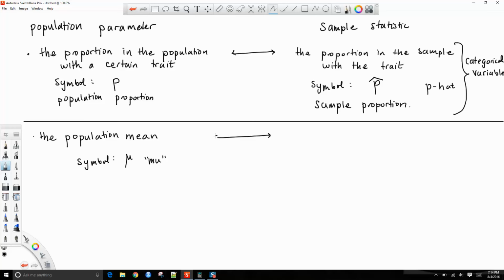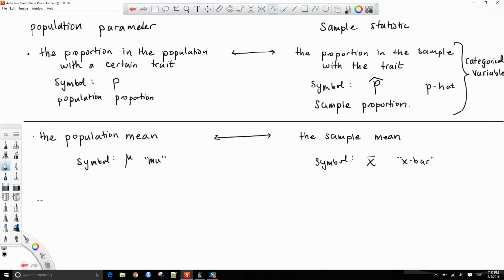And the corresponding sample statistic would be the sample mean. I guess mu hat? No? What's the symbol for the sample mean? It's X bar. Some textbooks do write mu hat, but I'd say that's much less common.